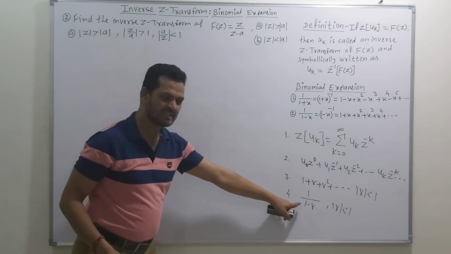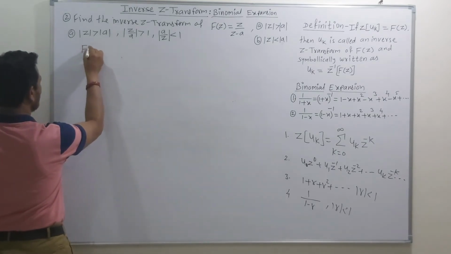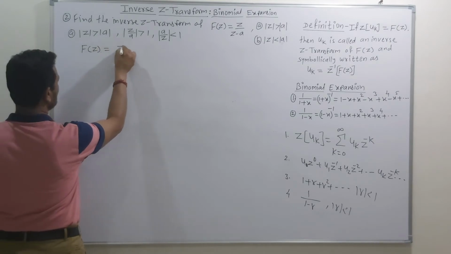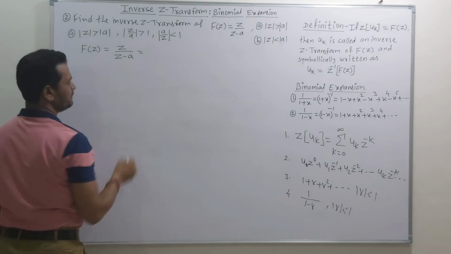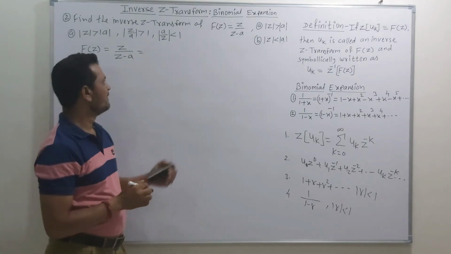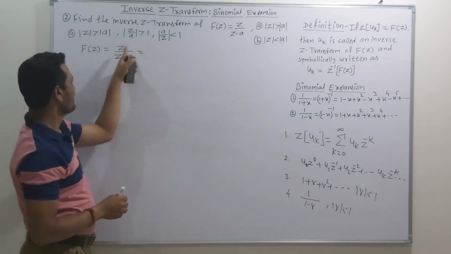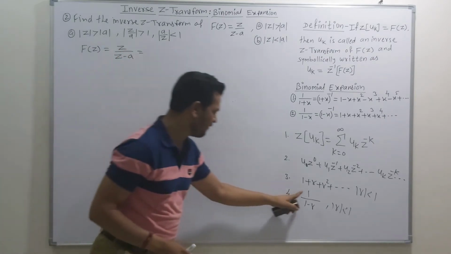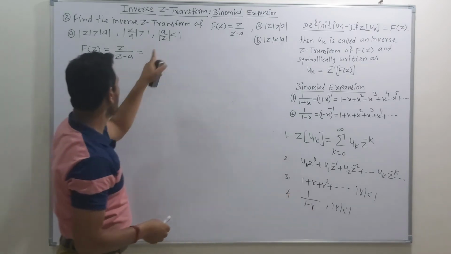So write down the given example in terms of 1 upon 1 minus r. So we can write the given example as f of z is equal to z upon z minus a, which is equal to... Now friends, here the value of r is a by z. That means write down this example in terms of 1 upon 1 minus r or 1 plus r, where r is a by z.